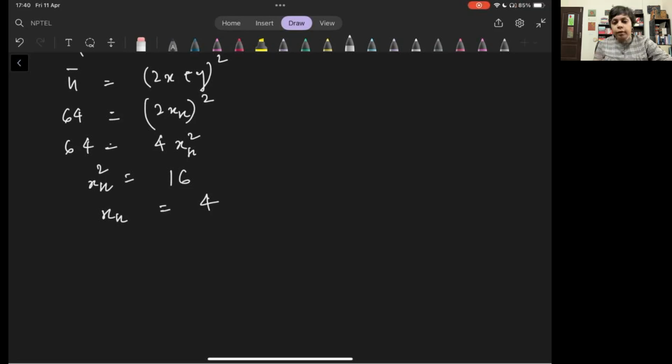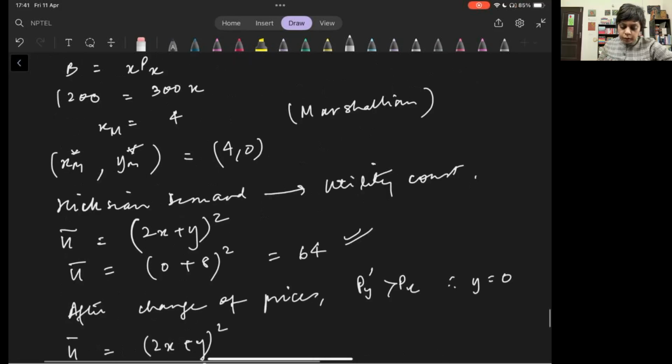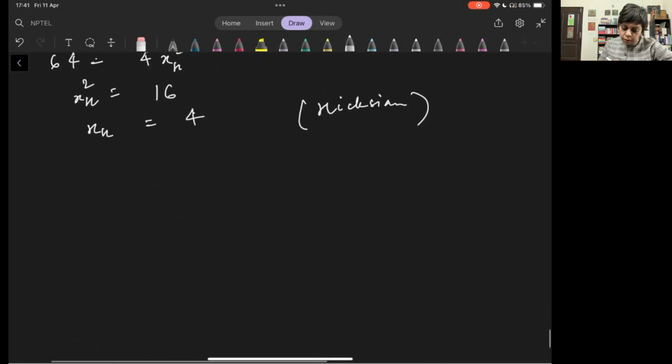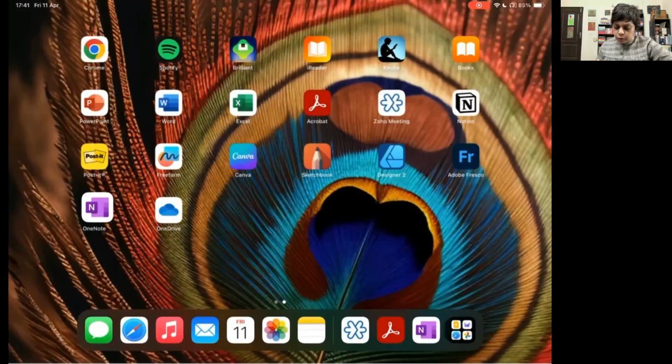So in this particular case, we are getting both Hicksian and Marshallian demands the same. It doesn't always happen like that, but in this particular example, they're both coming out to be the same. This is 4 and this is also 4. So we can just write this as xh star is 4 comma 0.